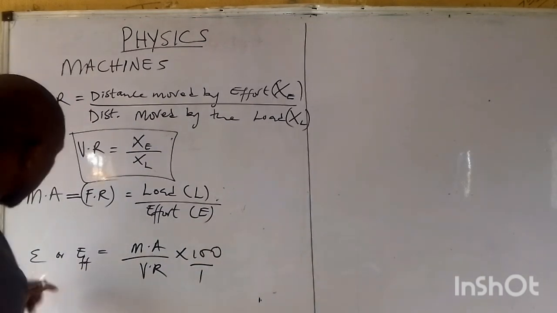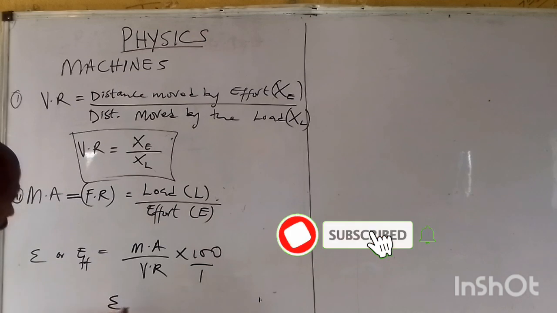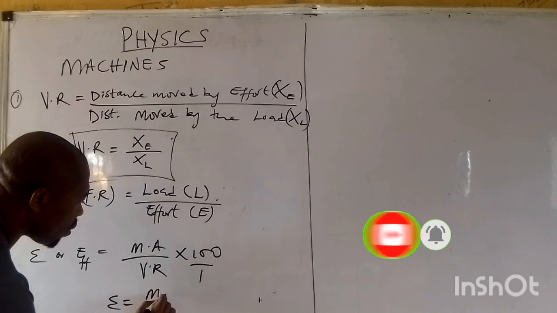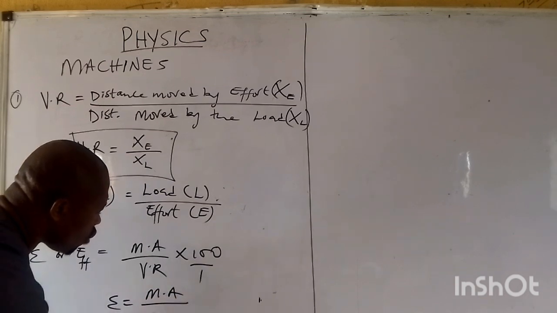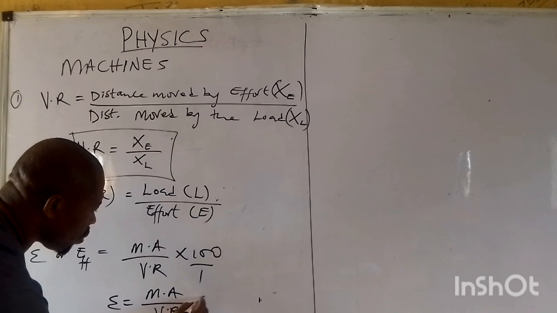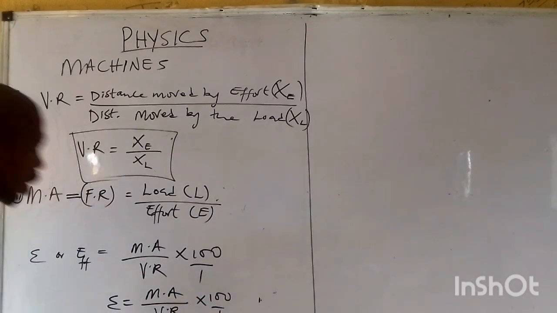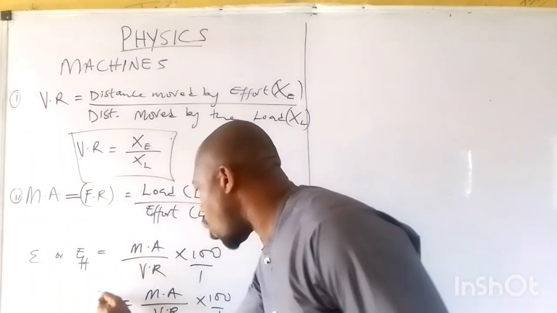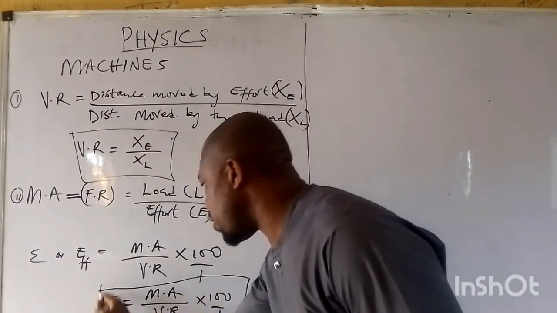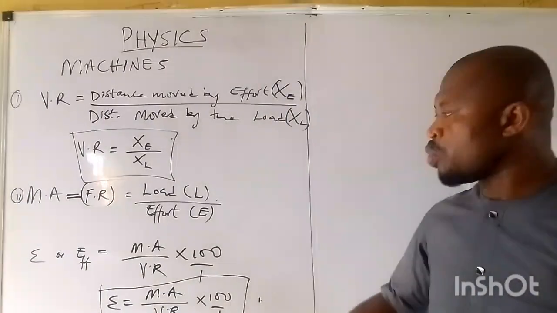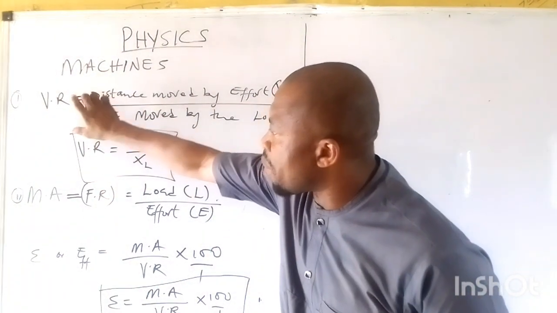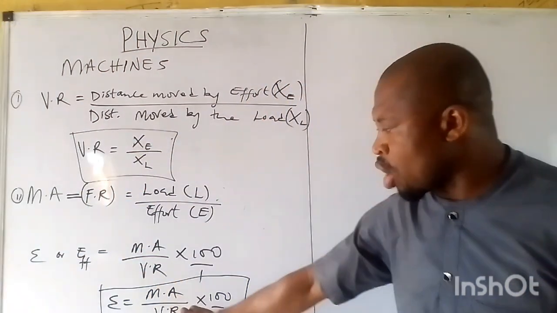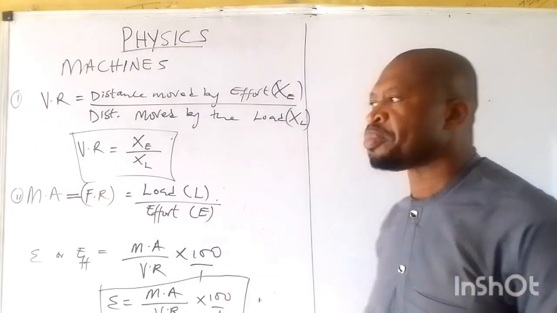So we can rewrite this as: efficiency is mechanical advantage over velocity ratio times 100/1. This is the general formula for efficiency. That is where we combine velocity ratio and mechanical advantage.